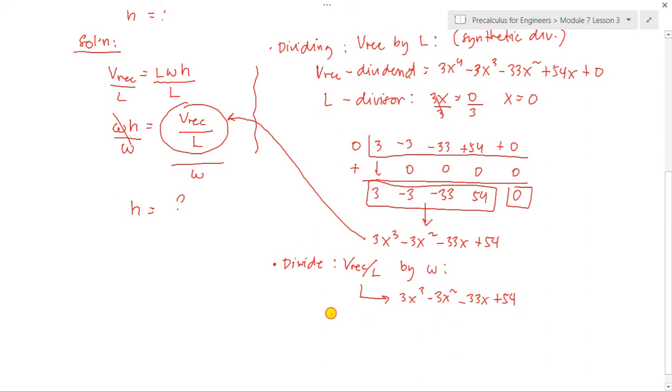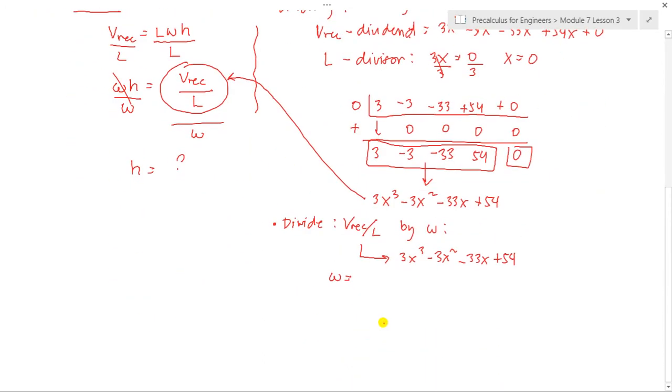Our W is the given x minus 2, and this would now be our divisor. In synthetic division, we equate the divisor to 0 and solve for x. So x minus 2 equals 0, that is x equals 2.